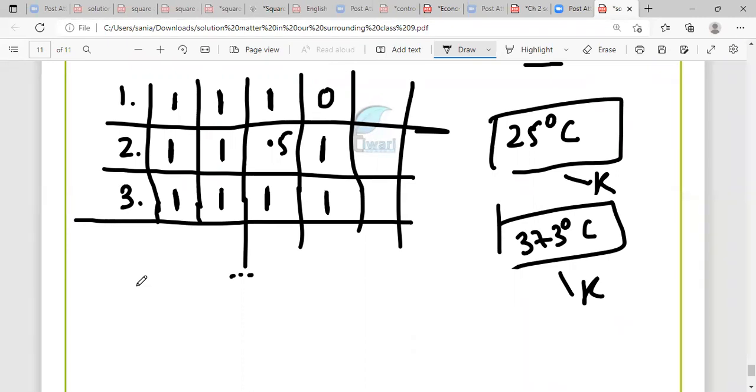The amount of heat energy required to change liquid into gas at boiling point. Okay, 1 kg of liquid, right? Yes, ma'am. Jeba, you are not audible properly.